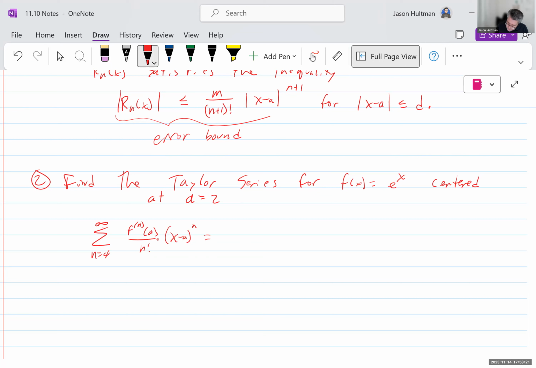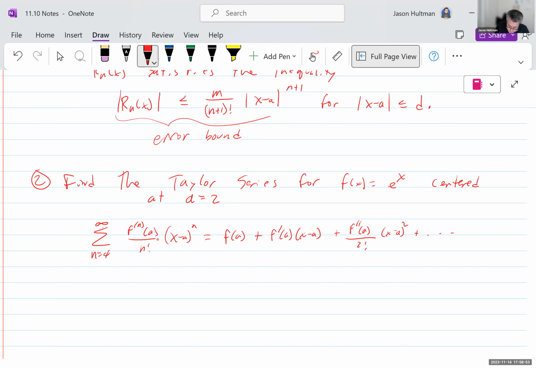So this is going to produce the 0th derivative, which is just f of a, plus the first derivative, f prime of a times x minus a over 1 factorial, which is just 1, plus f double prime of a over 2 factorial times x minus a squared, plus, and this goes on forever.